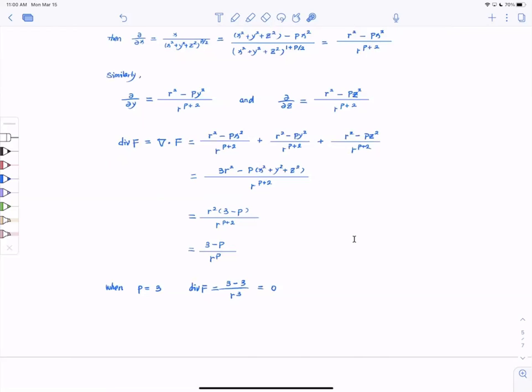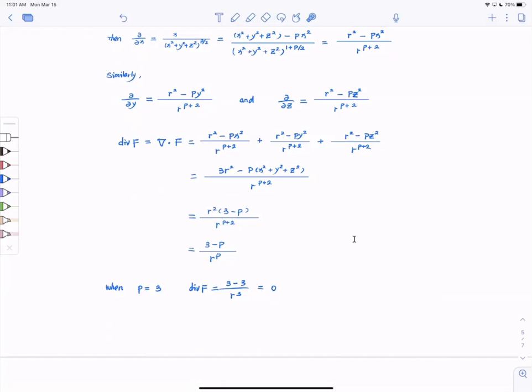So that's going to be r squared minus p x squared over r to the power of p plus 2, plus r squared minus p y squared over r to the p plus 2, and r squared minus p z squared over r to the p plus 2. After you add them together, you'll get r squared times 3 minus p over r to the p plus 2. Cancel out those 2, then you'll get 3 minus p over r to the p.